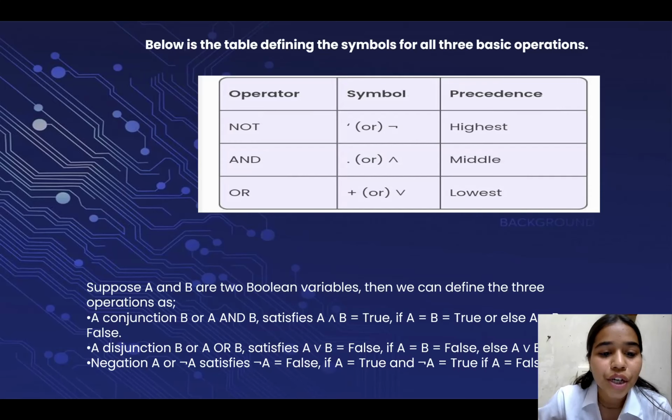Conjunction: a and b is true if a equals b equals true, or else a and b equals false. Disjunction: a or b is false if a equals b equals false, else a or b is true. Negation: not a equals false if a is true, and not a is true if a is false.